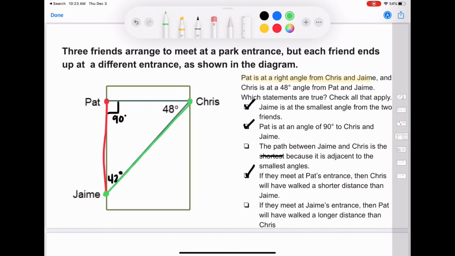So it's saying that Pat will have to walk a longer distance than Chris. Well, we know that the longest distance is across the largest angle, and so therefore Chris would actually have to walk the longest distance to Jamie, not Pat, and so that would not be an answer we would choose. So therefore, we have answer choice 1, 2, and 4 that we can check off.